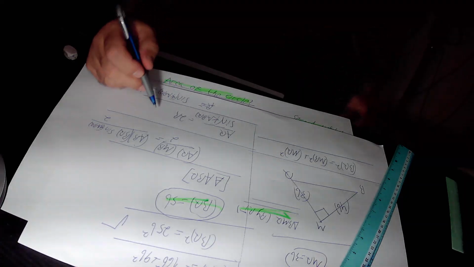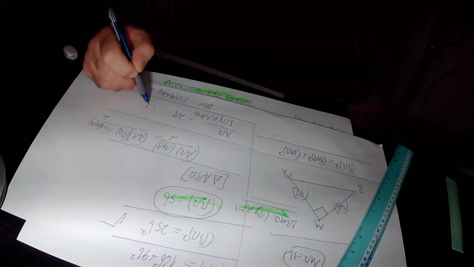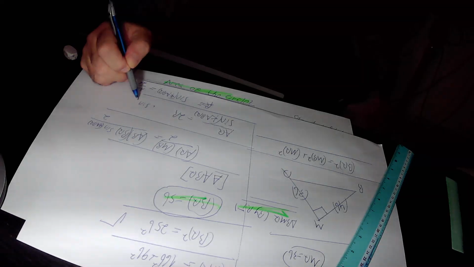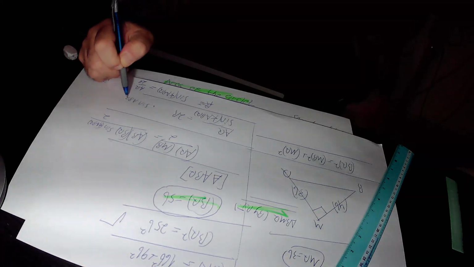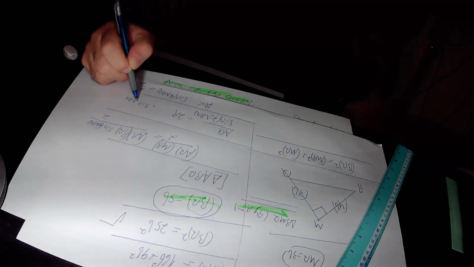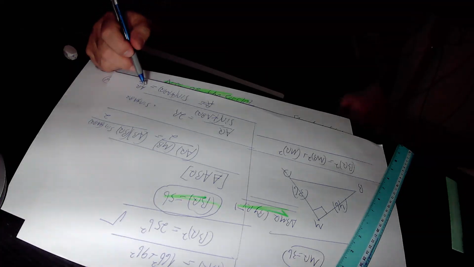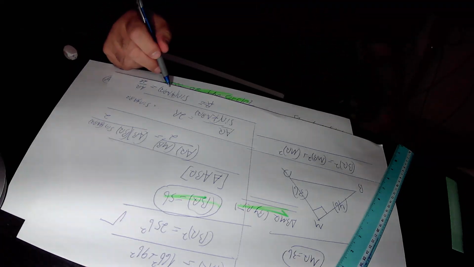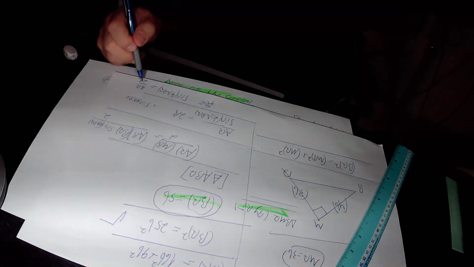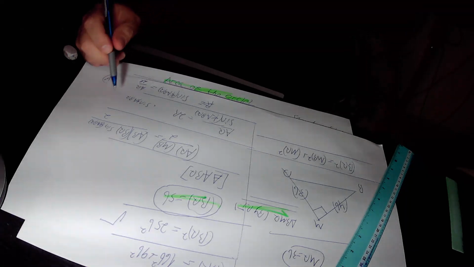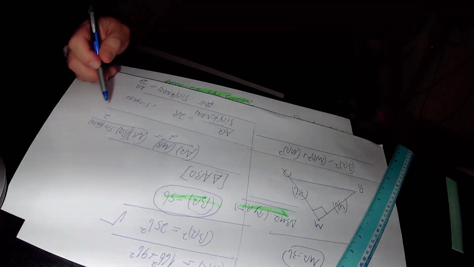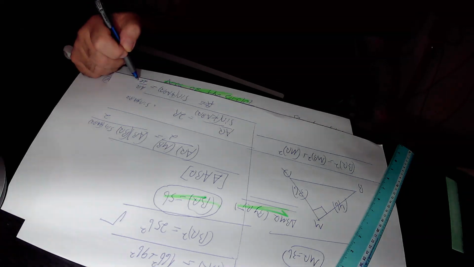Actually, we multiply this equation by sine ABQ, and then we divide it by 2R. In this way we found out that sine angle ABQ equals AQ over 2R. Now we can substitute sine angle ABQ in this equation by AQ over 2R.